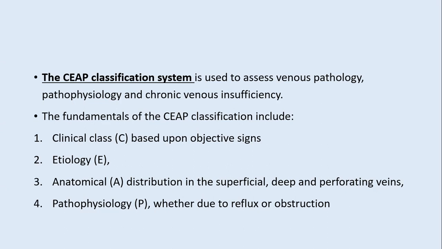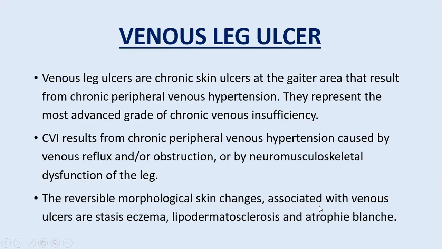Then E represents etiology. A represents the anatomical distribution, that is, in superficial, deep, or perforating veins. And P is the pathophysiology, whether the pathology is due to reflux or obstruction in the venous system.